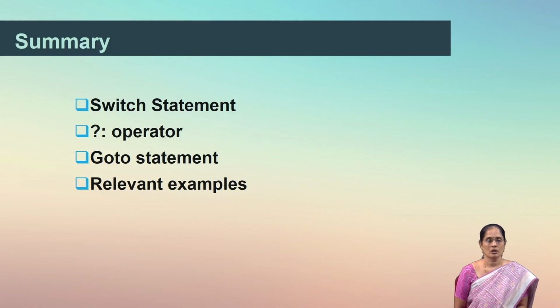Now, summarizing this particular lecture, we have learned how to check multiple conditions using a single switch statement, which reduces the complexity of simple if and nested if statements. So, it is efficient compared to the other statements.